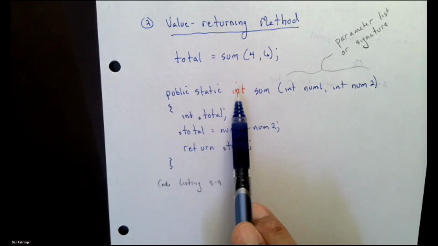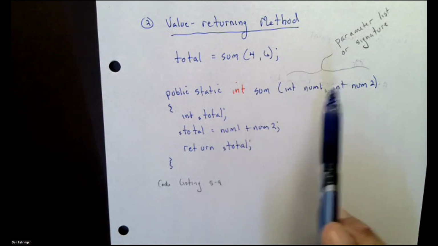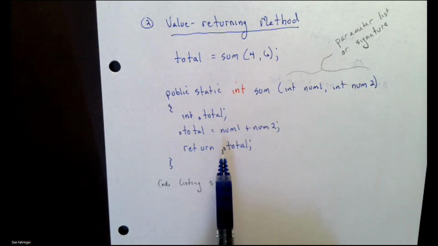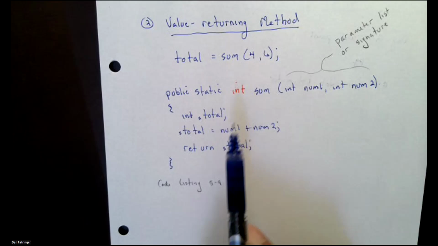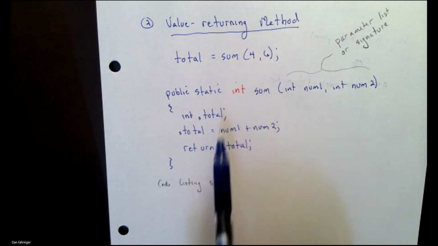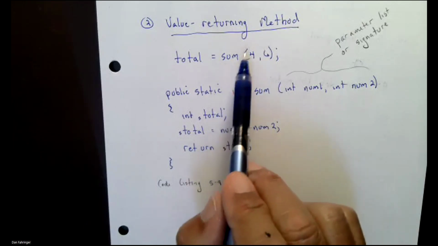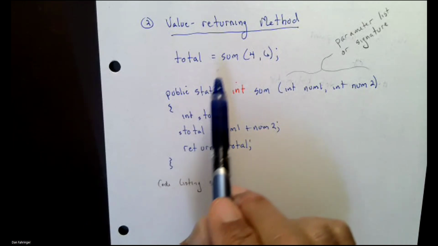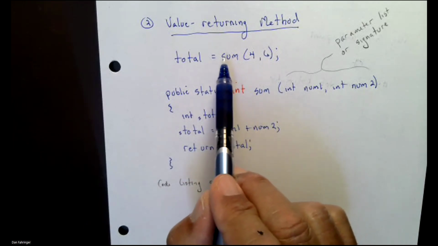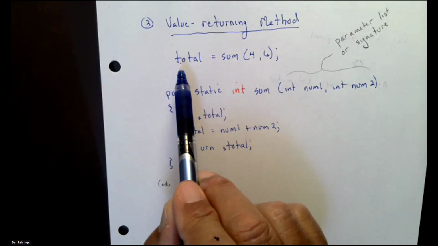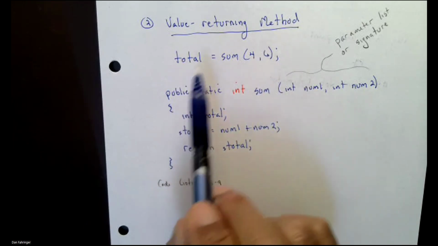A return type, parameter list, the return value, the arguments. Now you notice when I have something with a return type, I have to do something because this value is flying back and I have to do something with it. In this case, I'm assigning it to total. But there's a value coming back.